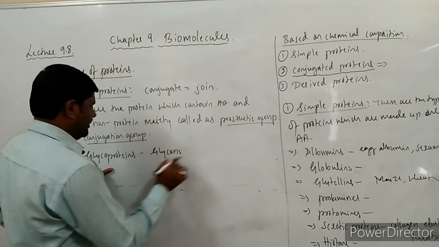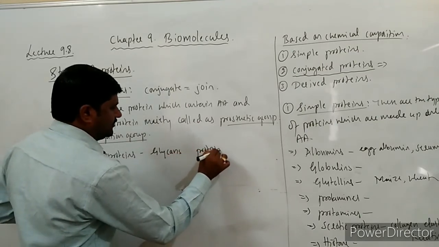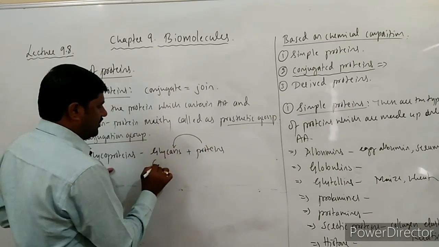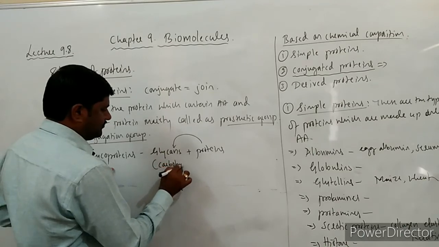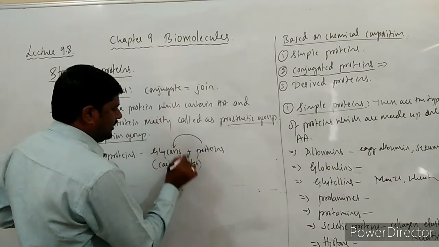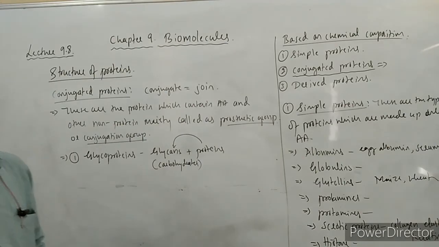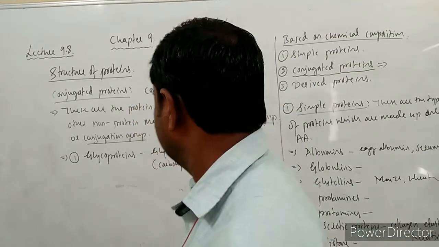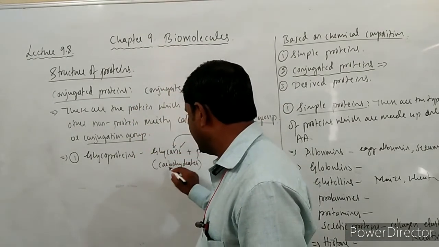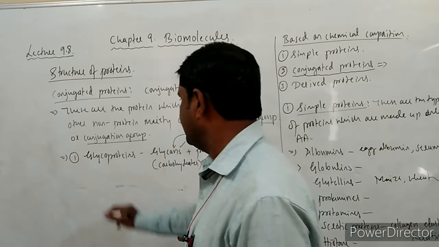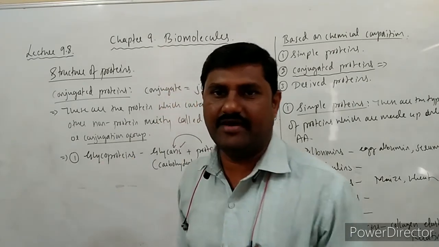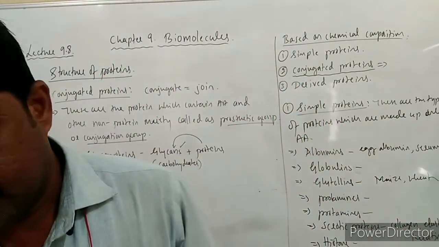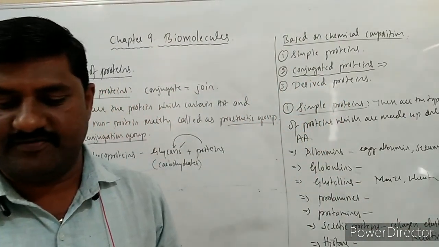Glycans, or carbohydrates, associated with proteins are said to be glycoproteins. The best example is egg white.